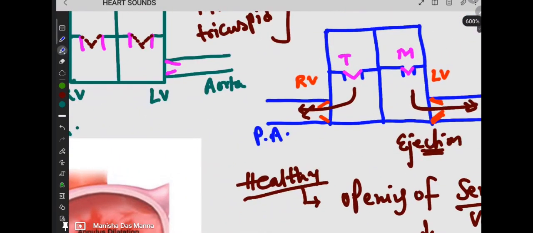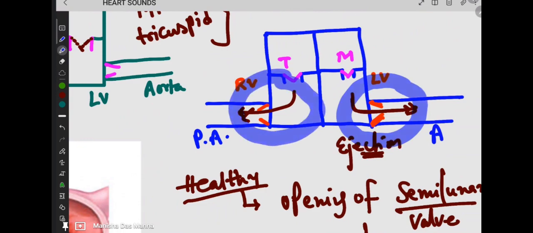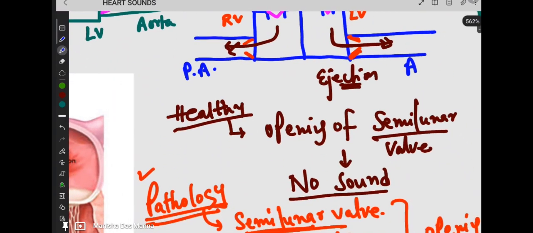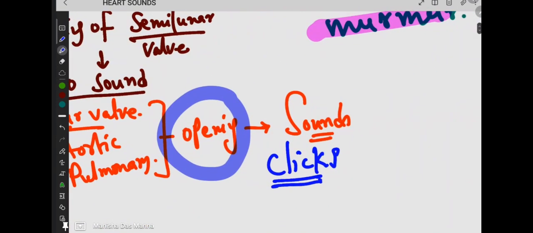Normally, in a healthy individual, there is no sound of opening of the semilunar valves. But if any pathology is associated with those valves, then obviously the opening of the valves leads to abnormal sound.